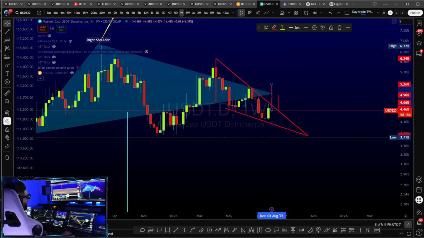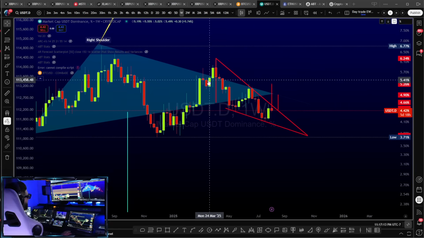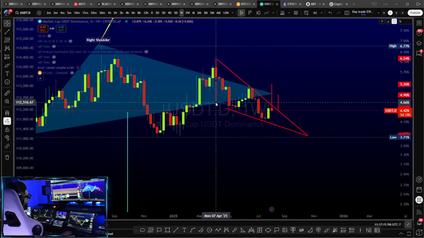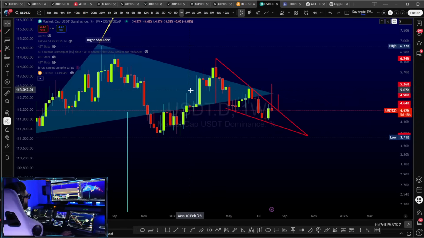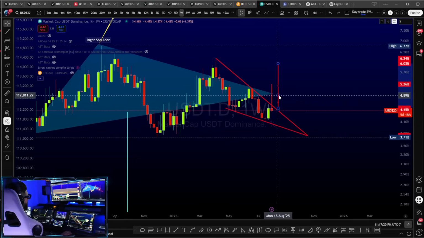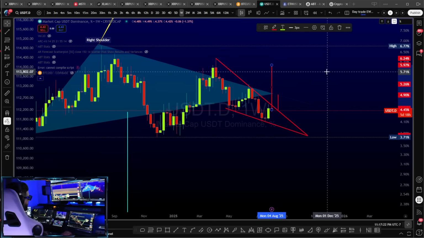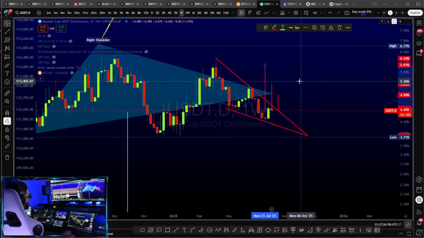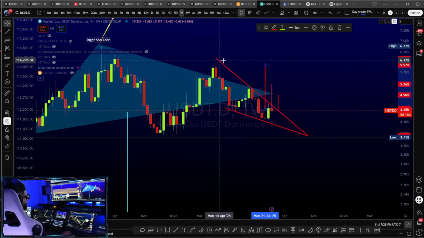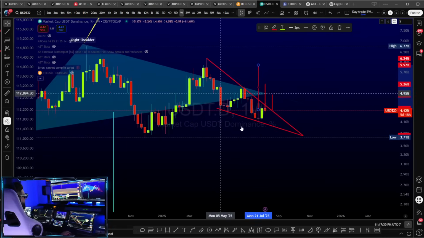That would give you a target of around 5.26%. And of course, your larger area of the triangle, usually the lesser probability one, we still have to count though. This would give you a valuation of USDT percentage based on 5.97%, almost 6%, which is equivalent to the resistance that we faced before. So this is how you can tell, right, guys?